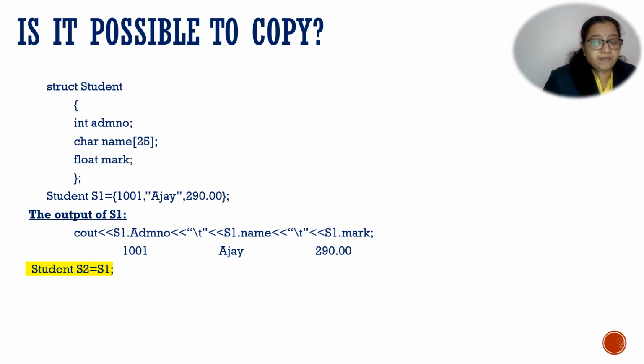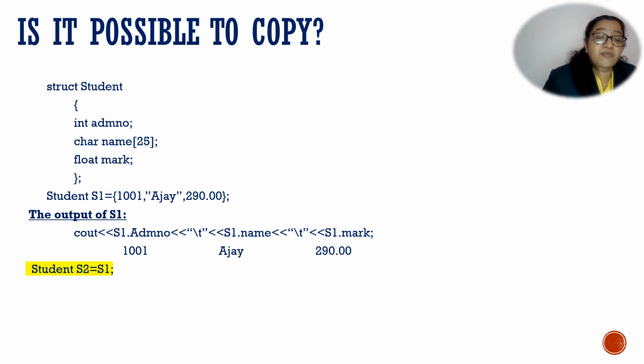That is the question. Yes, it is possible because S1 and S2 are the same data type. So we can copy S1's value to S2 in a direct way. Only one single statement is enough for copying S2 dot admission number as 1001, S2 dot name as Ajay, and S2 dot mark as 290. We just write student S2, where S2 is the variable name, then equal to S1, where S1 is the existing variable.